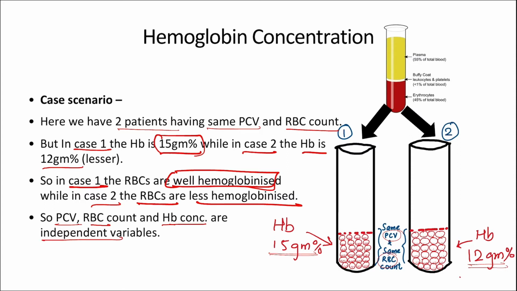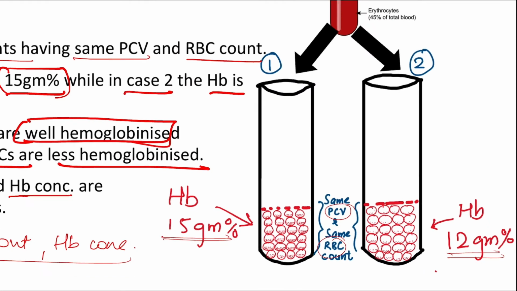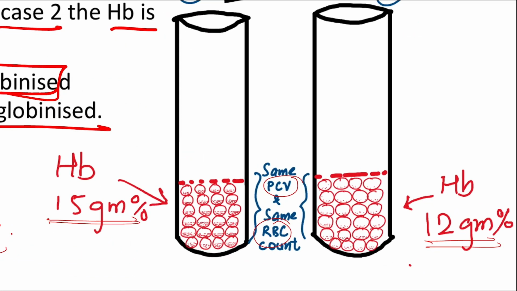So we should know the packed cell volume, the RBC count in that volume, and the hemoglobin concentration of each patient for better understanding of the morphology of RBCs. Here you can see that these RBCs are well hemoglobinized while these are less hemoglobinized.